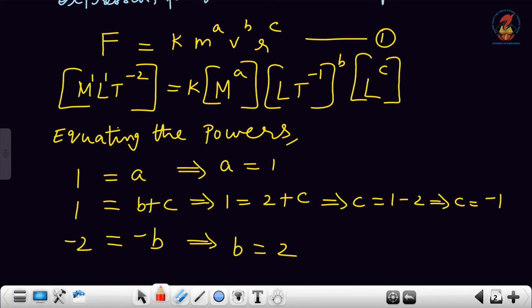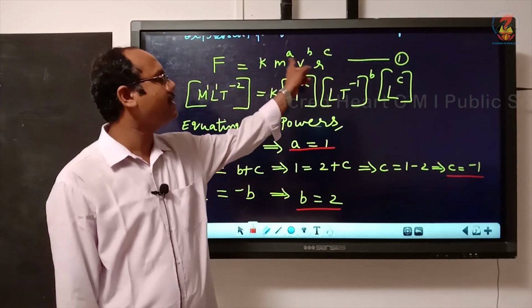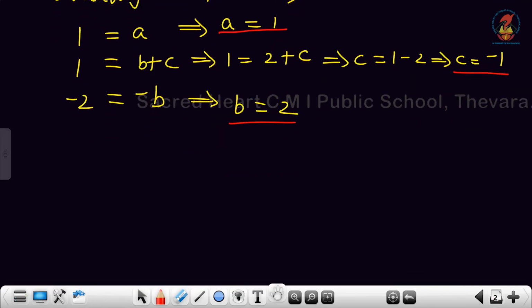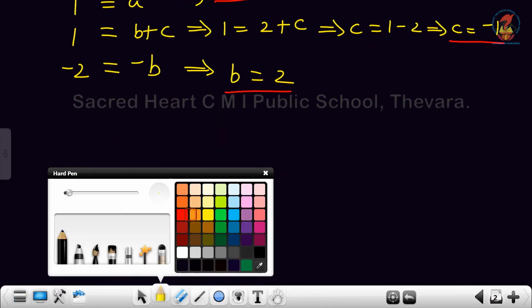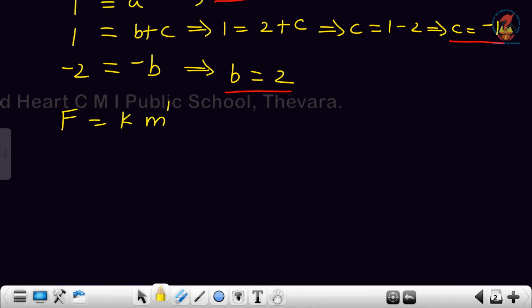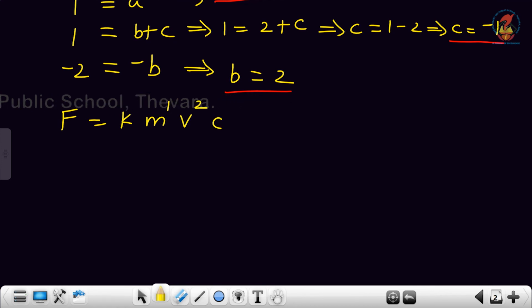Now look at the values. I got the value A equal to 1, B equal to 2, C equal to minus 1. Now I put the values of A, B and C in equation 1. So F is equal to K into M raised to 1, V raised to 2, R raised to minus 1.